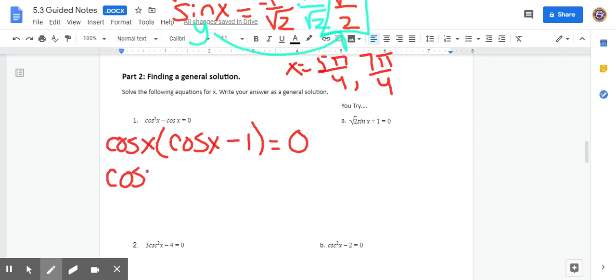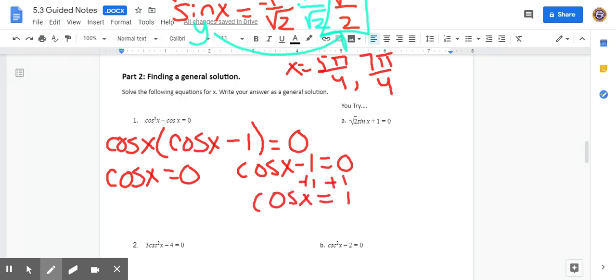So anytime you factor, you set all of your factors equal to 0, and you solve them each separately. So this one, we already have cosine x alone on one side. This one, we need to subtract 1 from both sides to get cosine x alone. So now we can do exactly what we did at the top. Cosine is x, so we're looking for an x that's 0, and then we're also looking for an x that is positive 1.